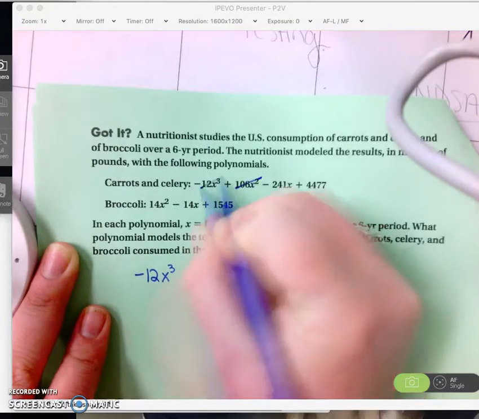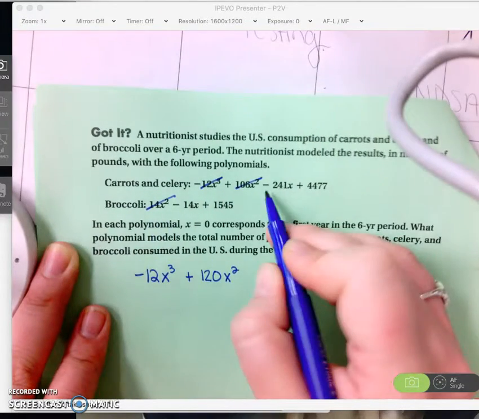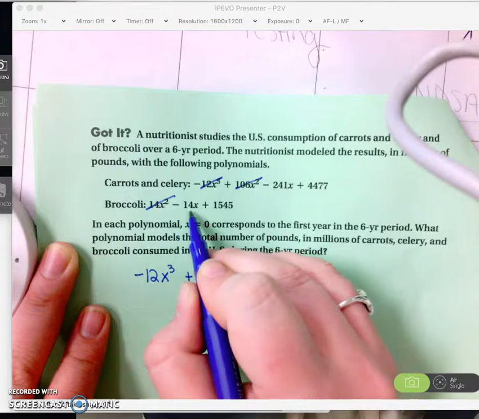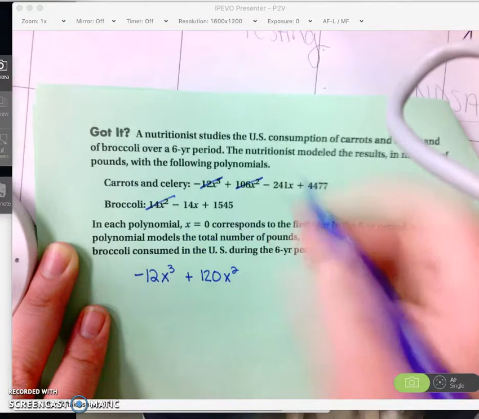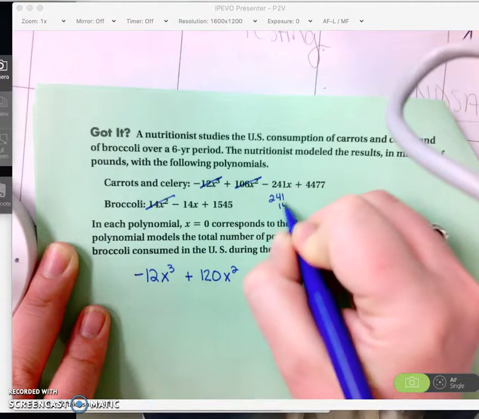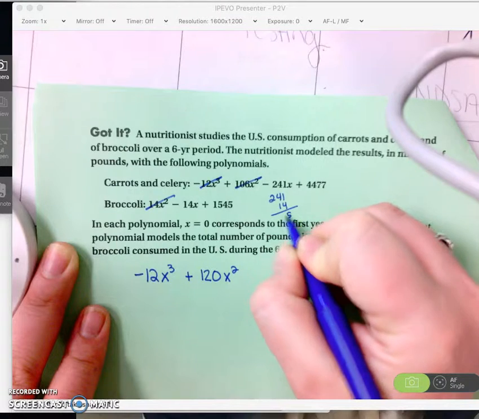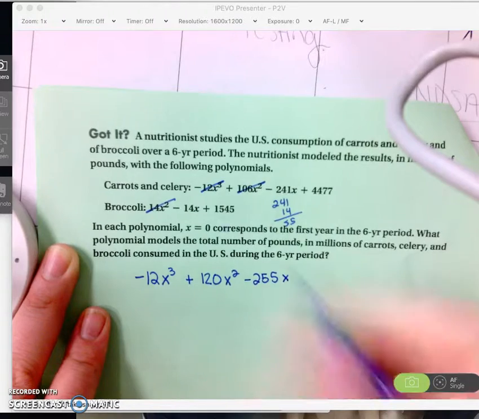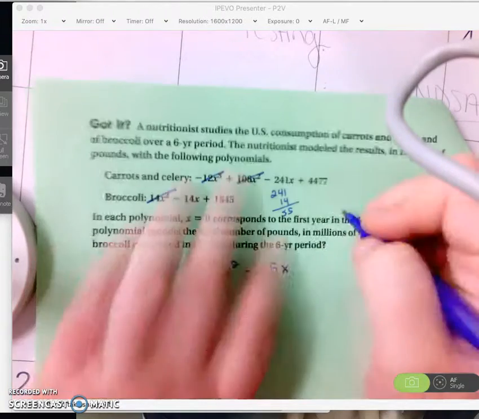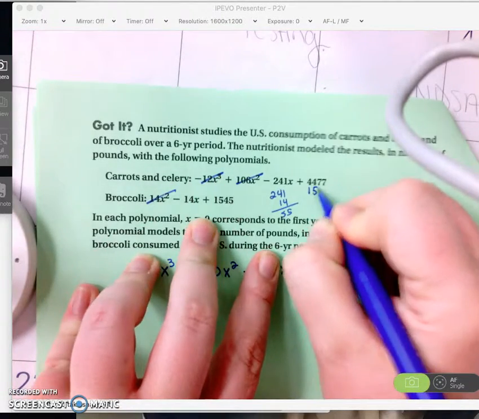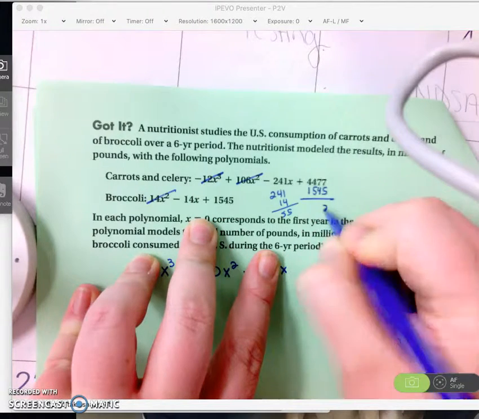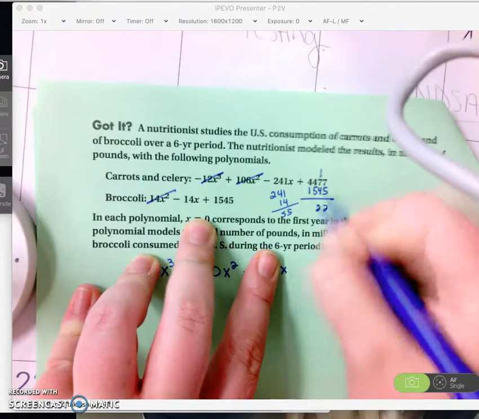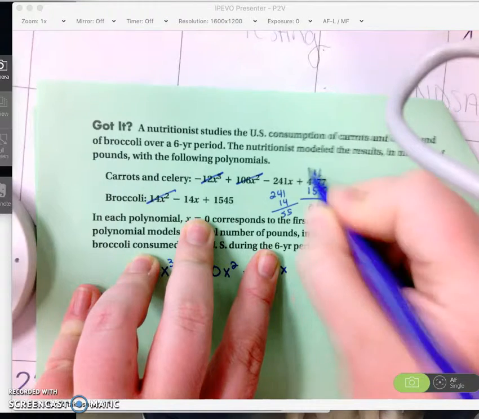So I got that one, and that one. I have a negative 241x and a negative 14x, so combining those, I'm actually going to be adding them. So I have a negative 255x, and then combining these two, so 1, 5, 4, 5, 11, 12, 10, 6.